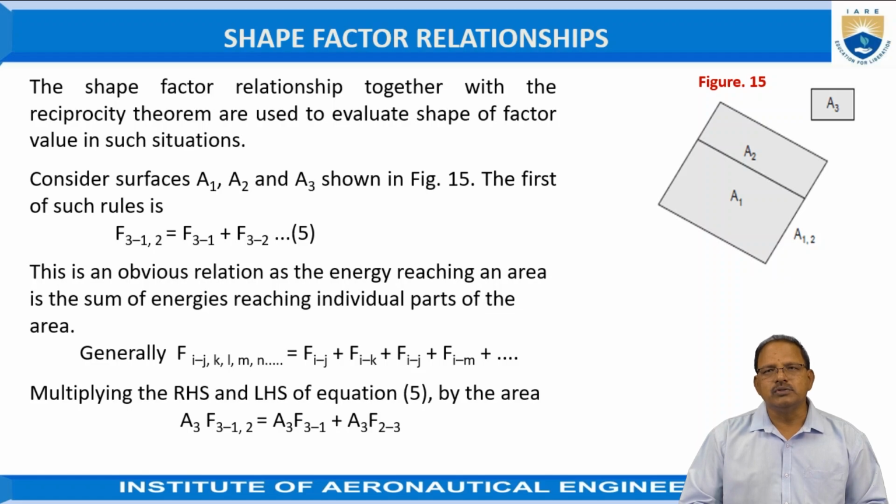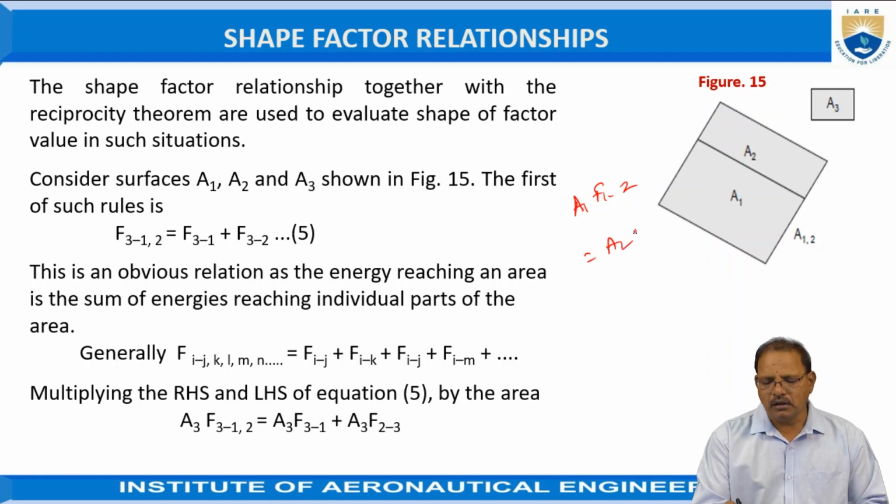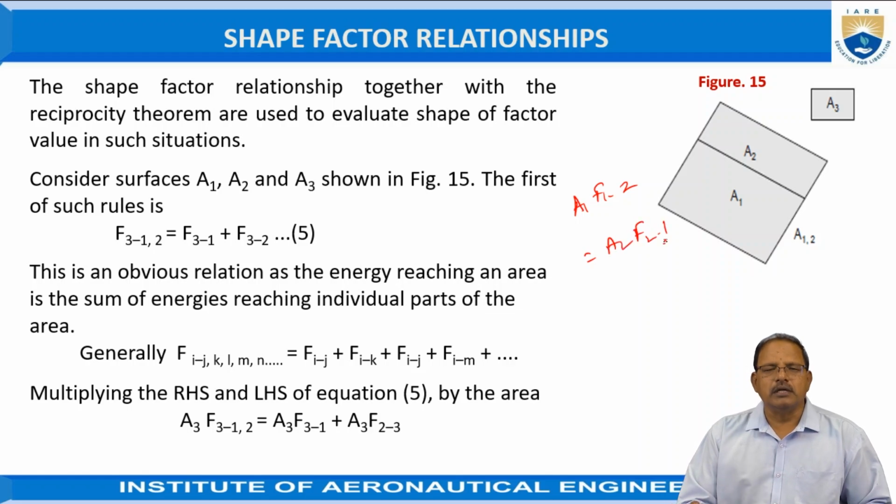The shape factor relationship together with the reciprocity theorem is used to evaluate the shape factor value in certain situations. Here A1 F12 equals A2 F21. Now consider the three surfaces A1, A2 and A3.